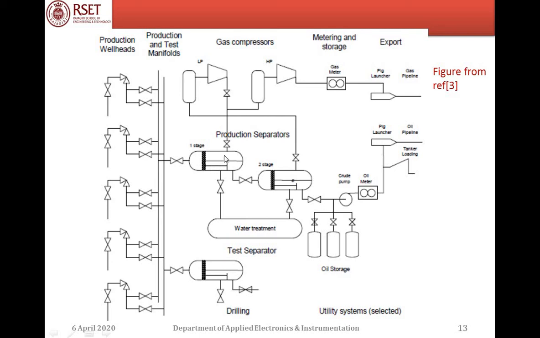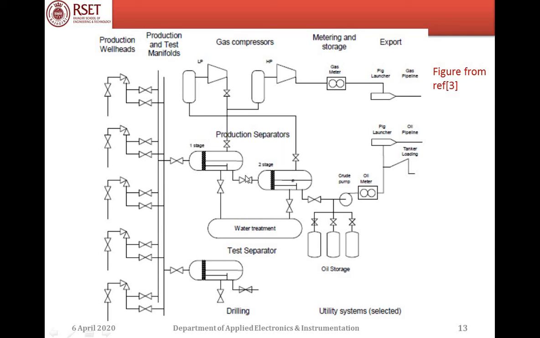The gas will bubble upwards and go into a centrifugal compressor here. After compressing, it comes into a heat exchanger over here, where the compressed gas will be cooled. It can again go into another stage of HP compression. HP stands for high pressure compressor and LP stands for low pressure compressor. From there it is taken to the pig launcher where the gas can be exported into the gas pipeline.